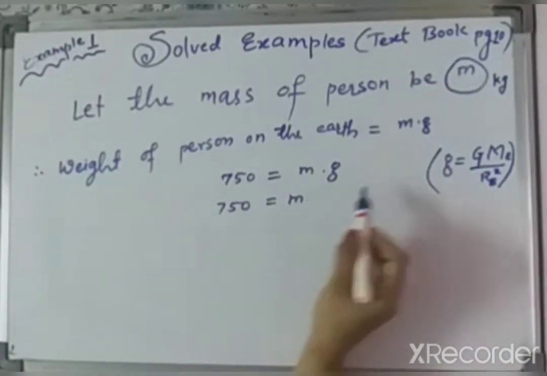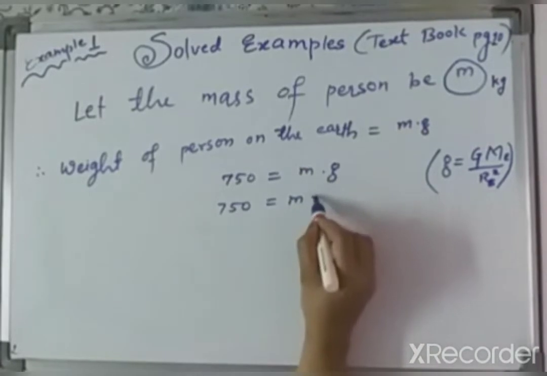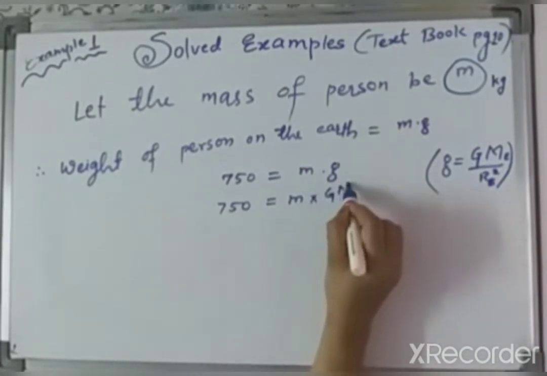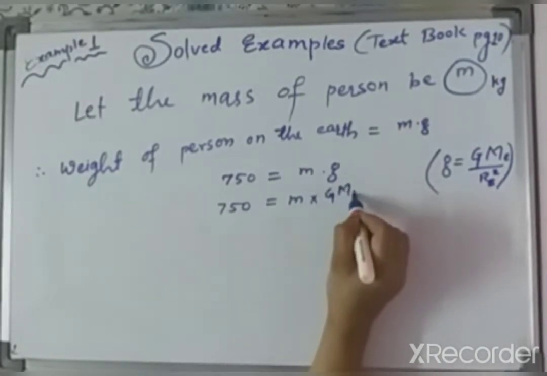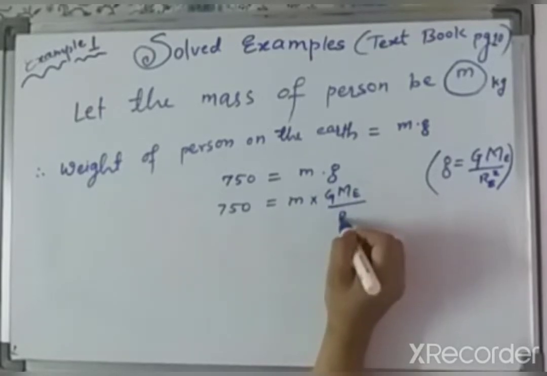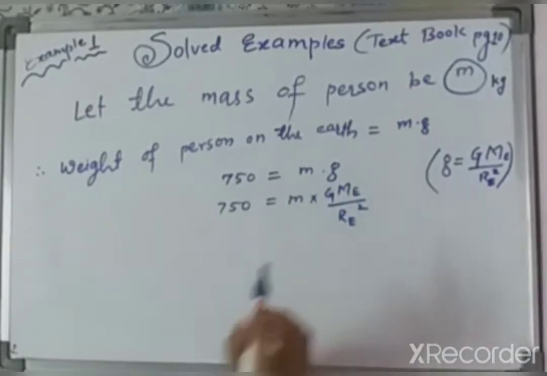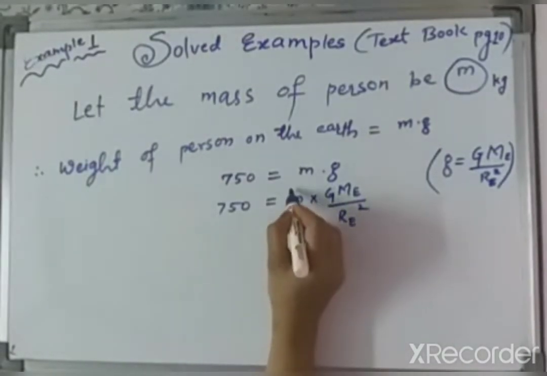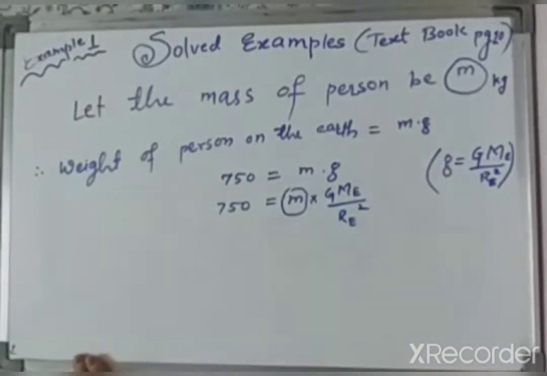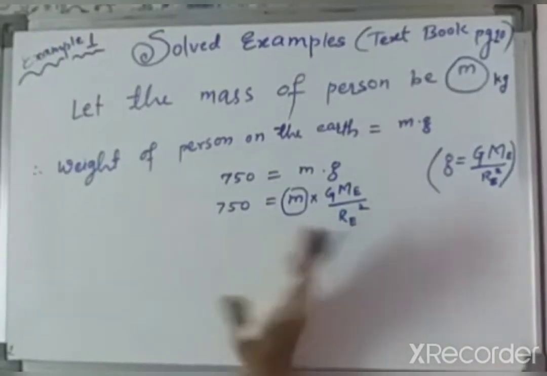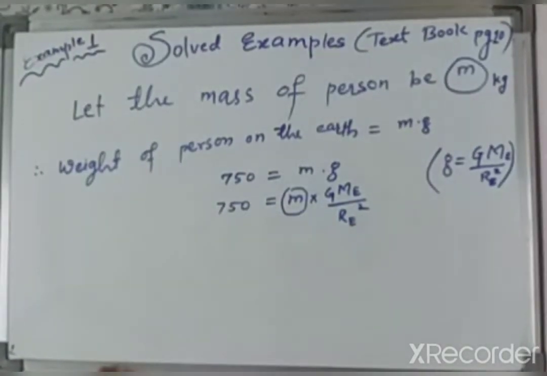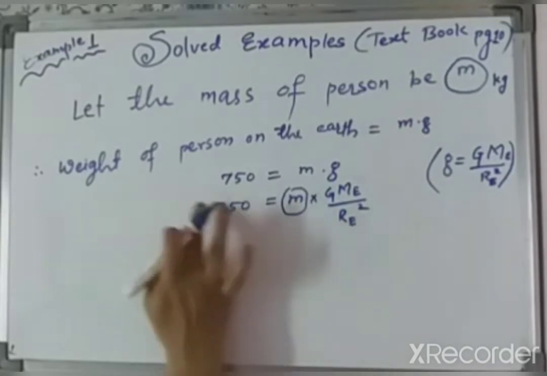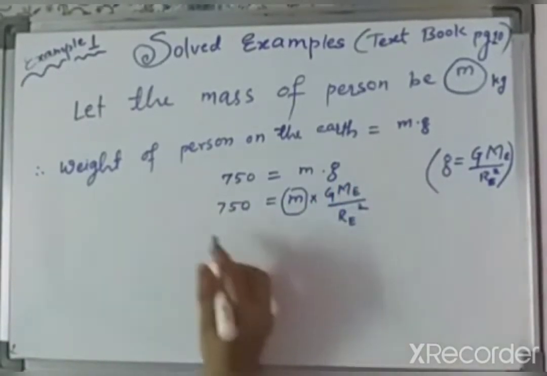So m into G into mass of earth upon square of the radius of earth. From this we will find the value of m. Let m stay here, and we transpose all the remaining terms: denominator terms go to the numerator and numerator terms go to the denominator.